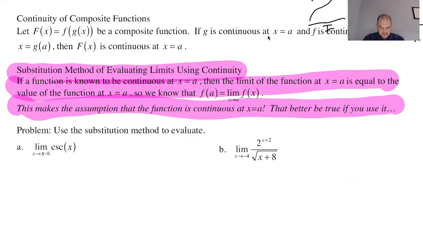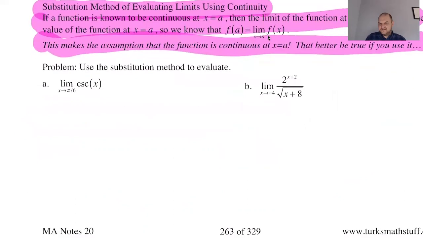Let me go back to a normal size highlighter just in case. The substitution method of evaluating limits using continuity: if a function is known to be continuous, then the limit is equal to the value of the function. So we can evaluate the limit by just evaluating the function. That's what you're going to do all the time. We've done it a lot, but that's what allows you to do this.